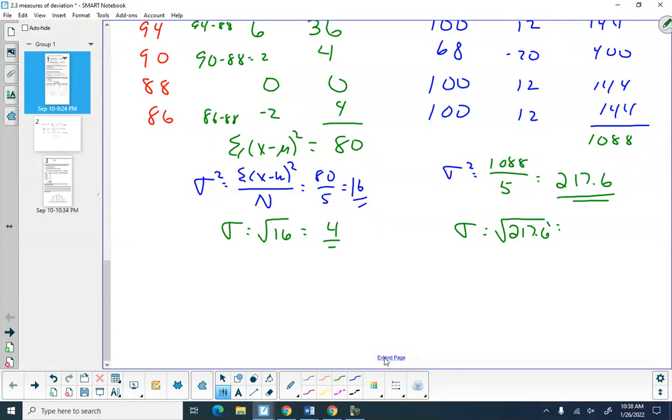That's 14.8. Now, rounding once again, our raw data values are rounded to the nearest whole number. Everything else we round to the nearest tenth. So we have 14.8. Once again, that's bigger. That means my data is spread out a little bit more.